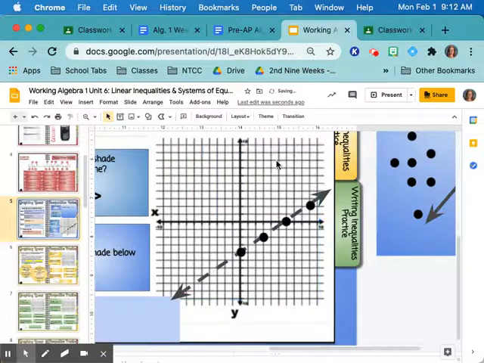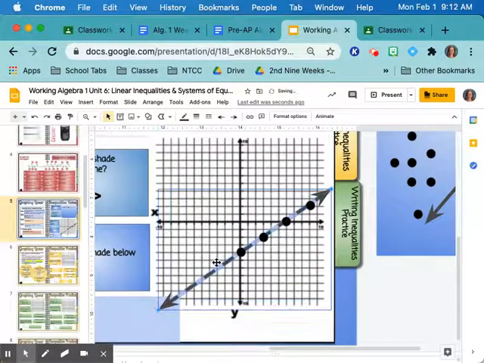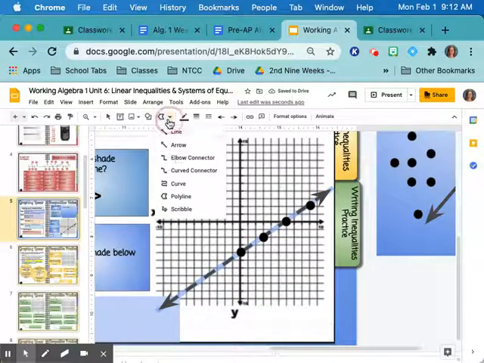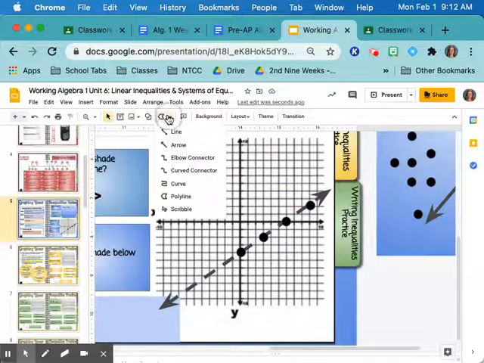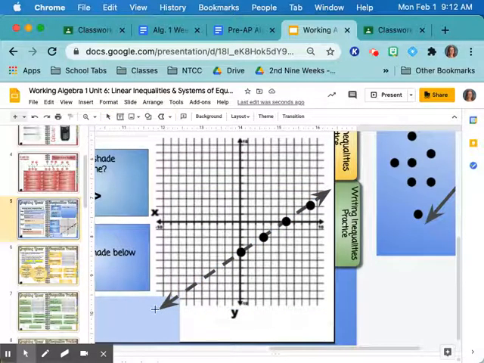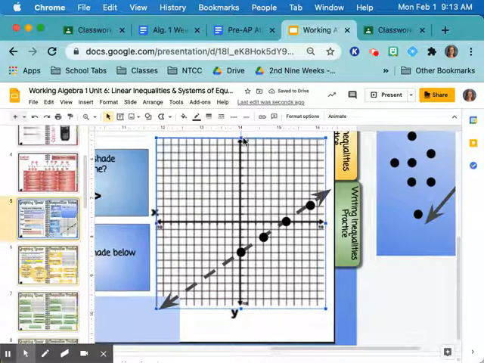And I think I'm actually going to extend this line a little bit more so I can do the whole graph like that. I messed up.